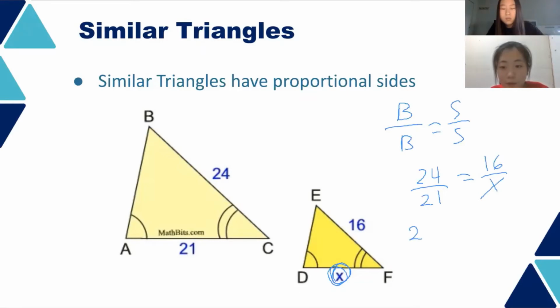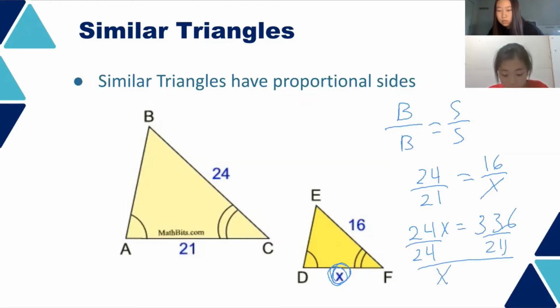That would be 24x equals 16 times 21, which is 336, and you divide both sides by 24, and you'll get x equals 14. So this side will be 14.